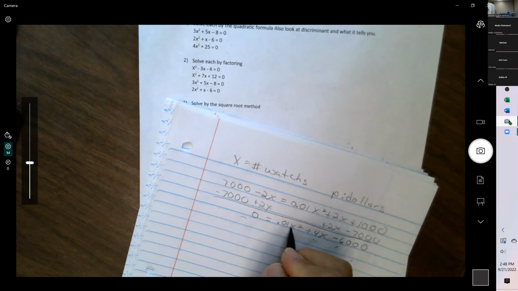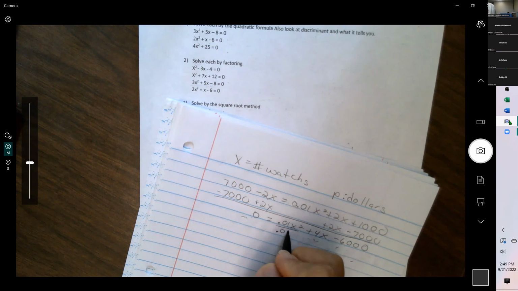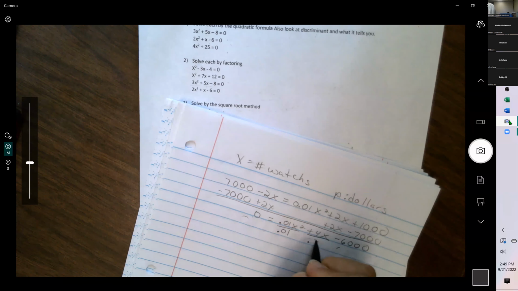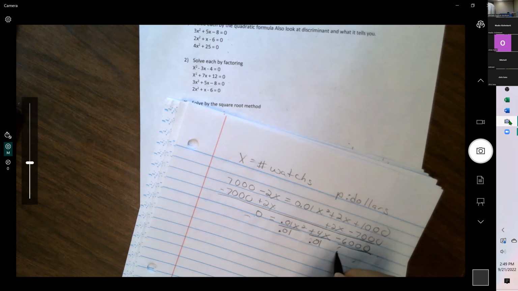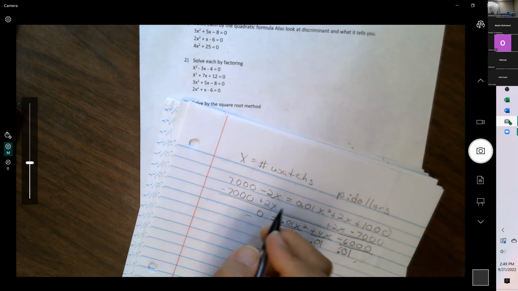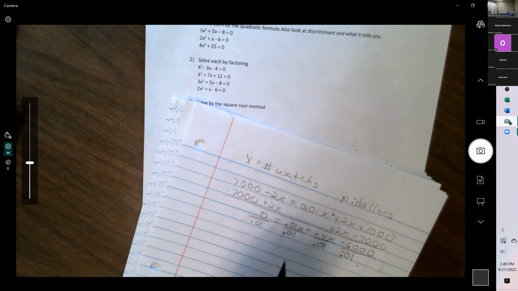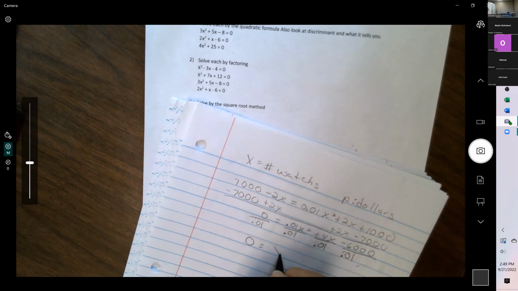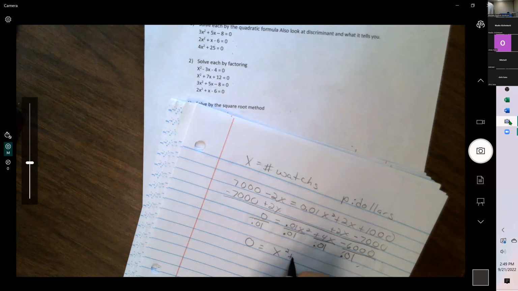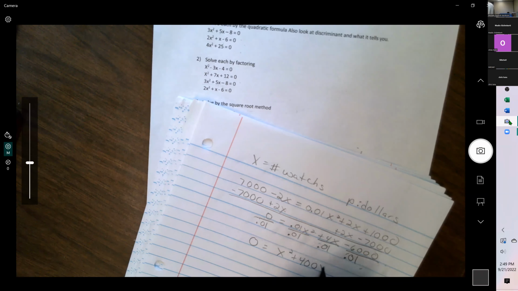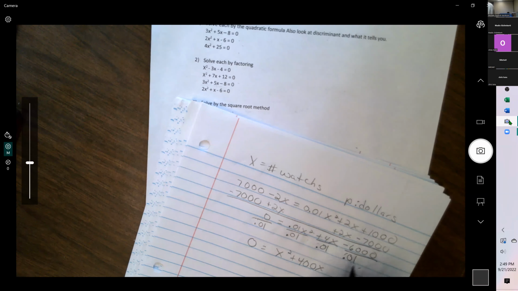I wanted to get the x squared so it was just a 1, so I divided everything by 0.01. So we have 0, 1x squared, 400x, and 5 zeros. You're welcome.